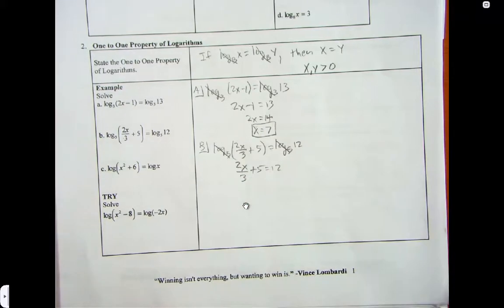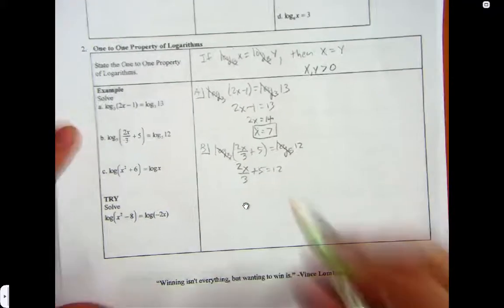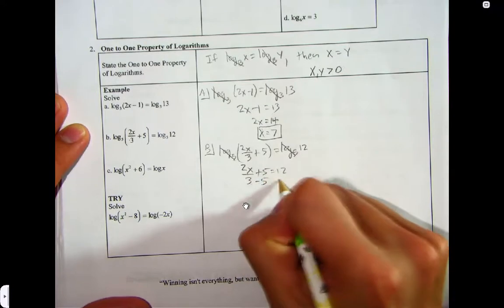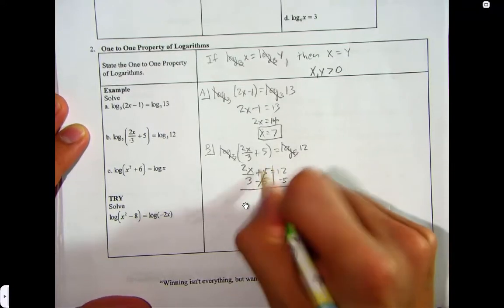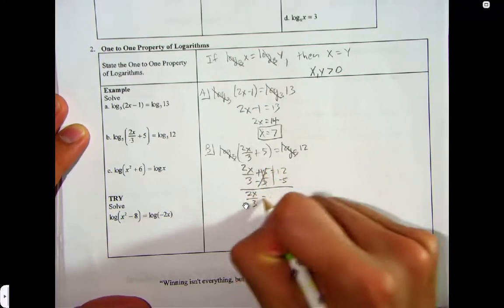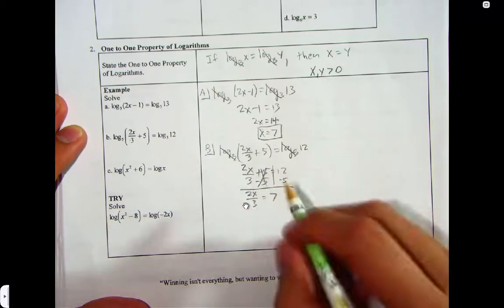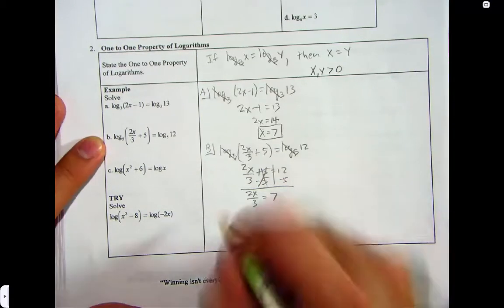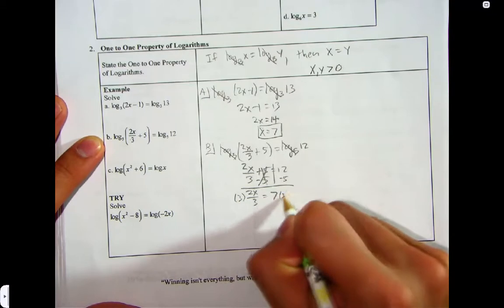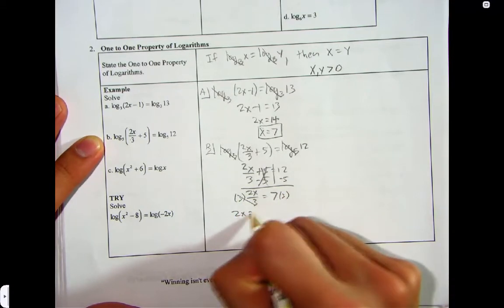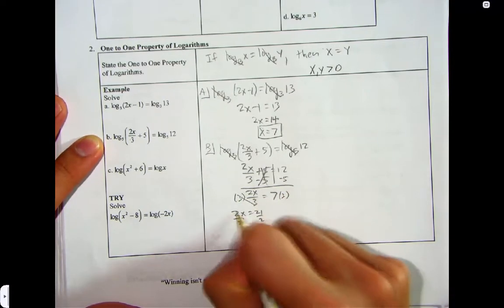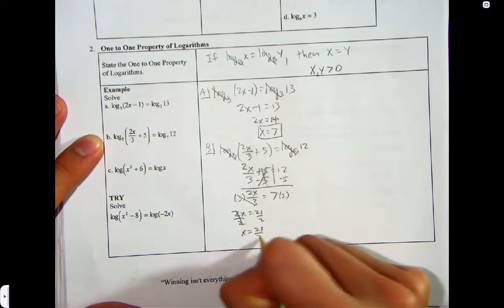Then it just becomes algebra 1. Subtract 5 on both sides. Multiply by 3 on both sides. Divide by 2 on both sides. x equals 21 divided by 2.